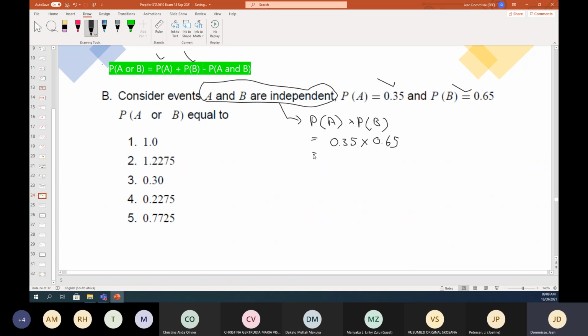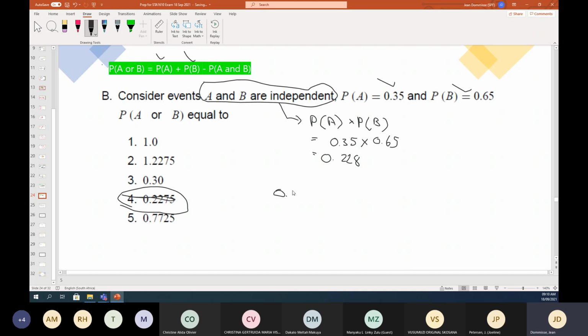The probability of A and B will then be 0.228 if I round it off to 3 decimals. If you had rounded it off to 4 decimals in the exam, that would have been your option, and you can maybe make that mistake. But I don't think that will be your final answer.